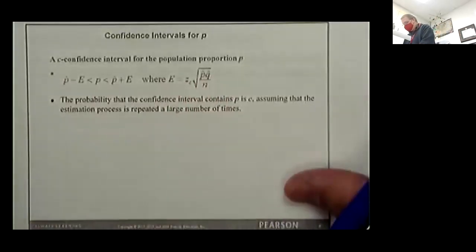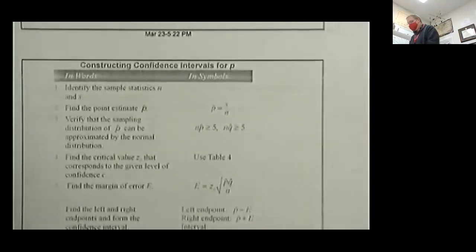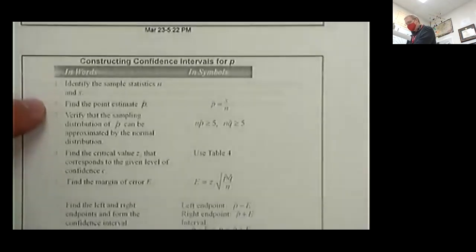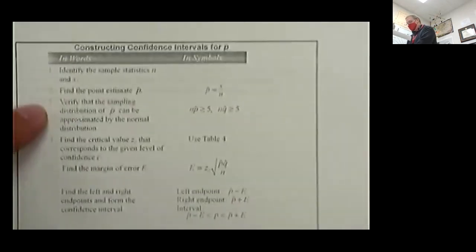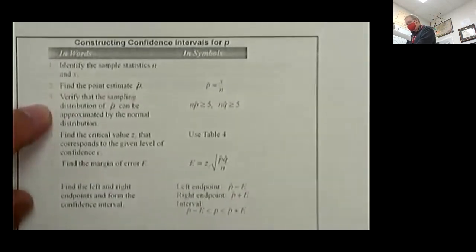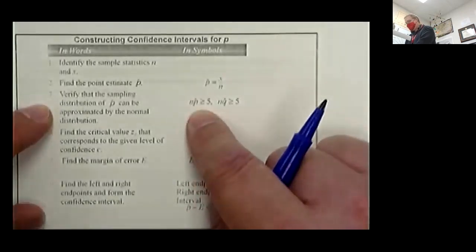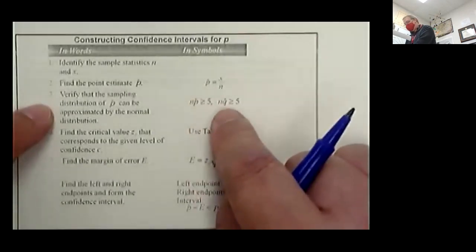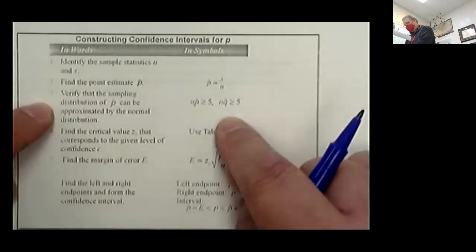Here are the steps that we're going to follow for our confidence interval for a population proportion. We identify the sample statistics N and X. That should be given to us in the problem. We find our point estimate P hat by dividing X over N. Because we're doing a population proportion, we have to check that N P hat is greater than or equal to 5, and N Q hat is greater than or equal to 5, same thing we did in chapter 5.